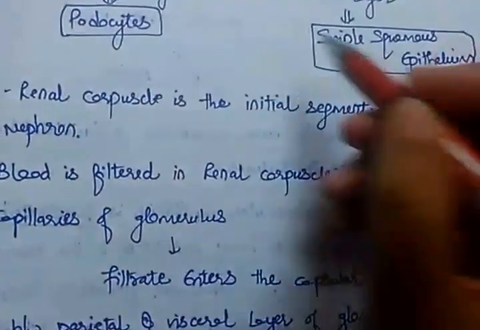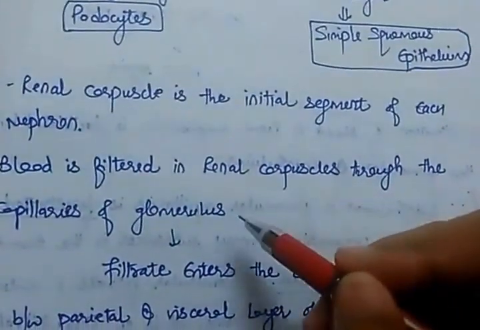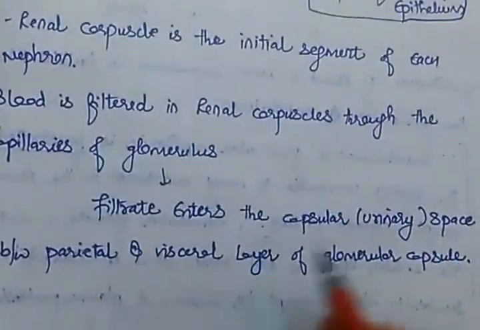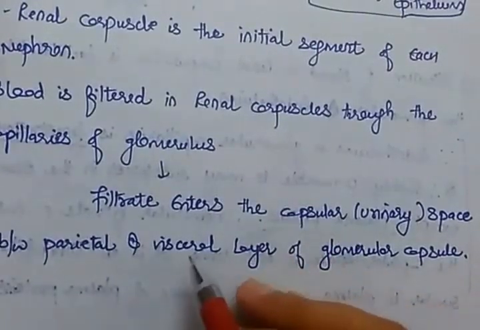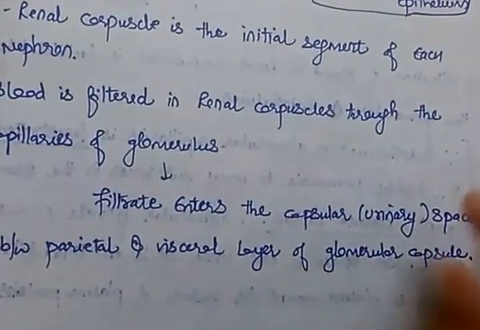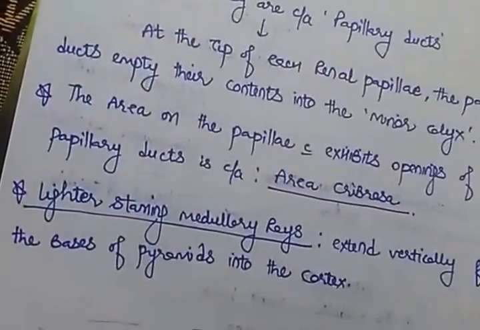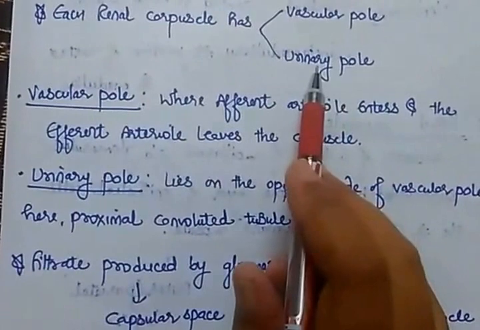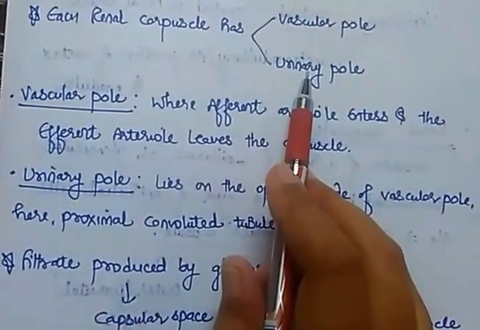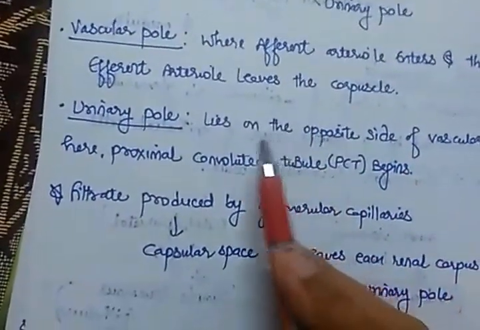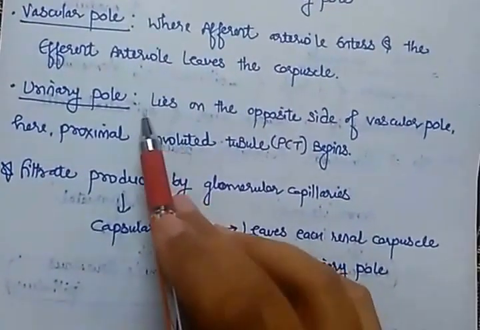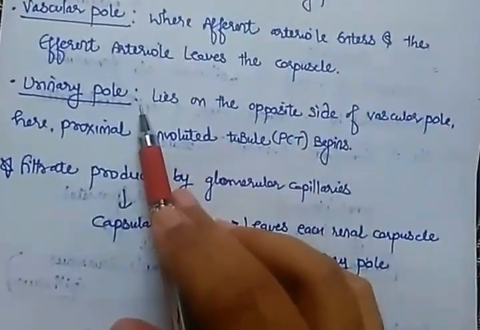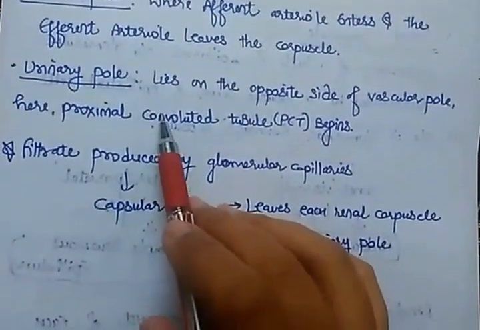Okay, blood is filtered in renal corpuscles through the glomerular capillaries and it enters the capsular or the urinary space between parietal and visceral layers of glomerular capsule. Okay, and each renal corpuscle has a vascular pole, that is where afferent arterioles enter and efferent arterioles leave the corpuscle, and the urinary pole, okay, which lies on the opposite side of vascular pole, and here proximal convoluted tubules begin.